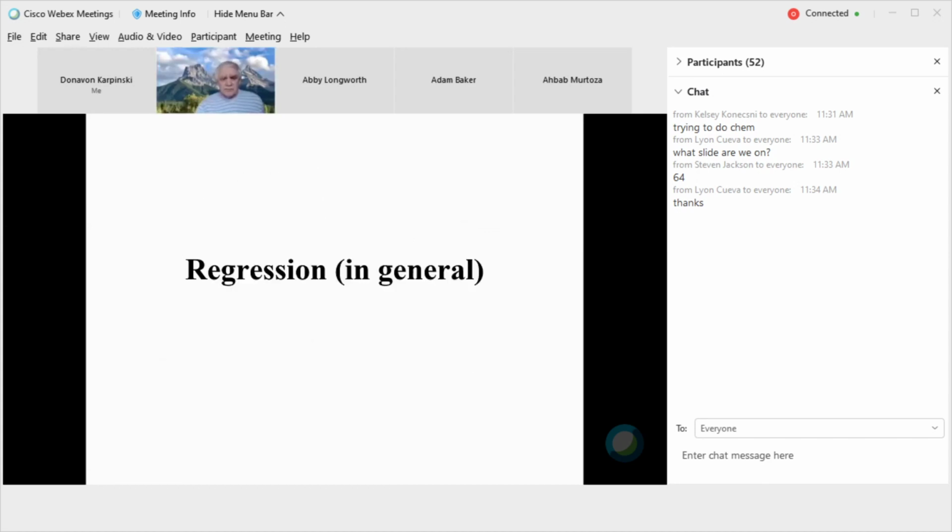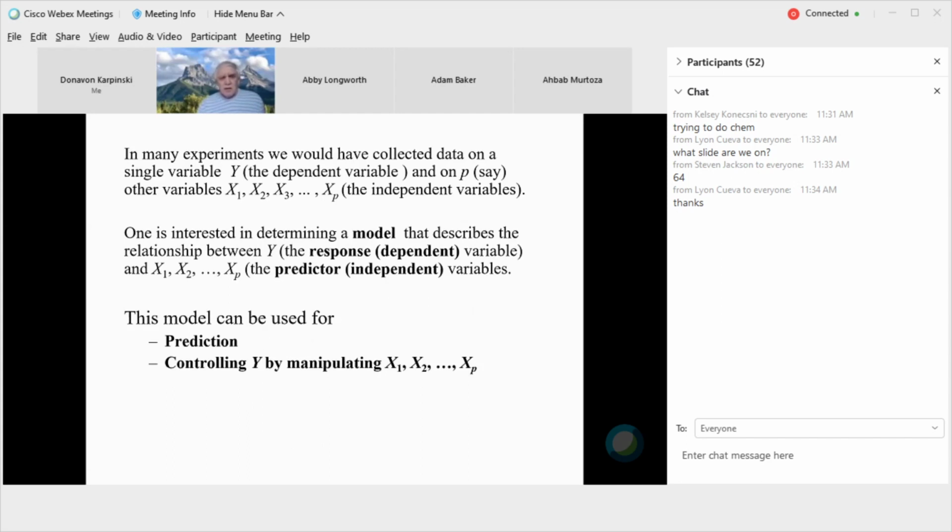Regression in general. Before we had one predictor variable, x, that was trying to predict y. Now let's consider having more than one predictor variable. This is something that occurs quite often in practice.